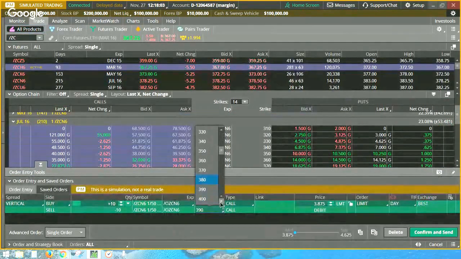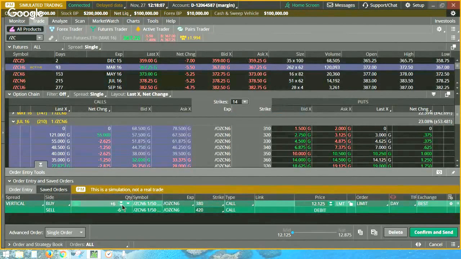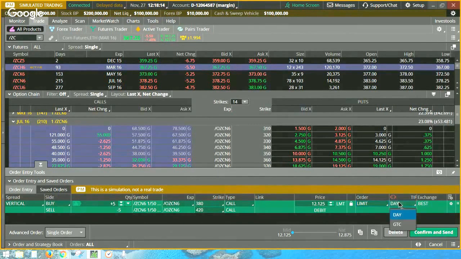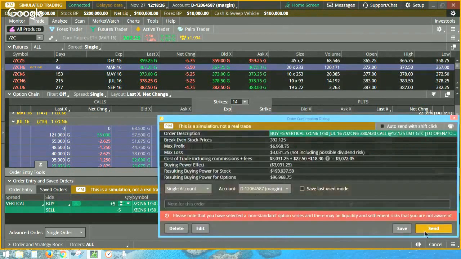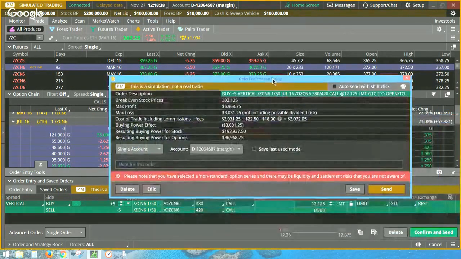We're going to do a 420 call for 5. We're going to change this time period right here. You can either have it expire in a day or GTC, which means good till cancel. So good till cancel means that it'll go on until it gets canceled.